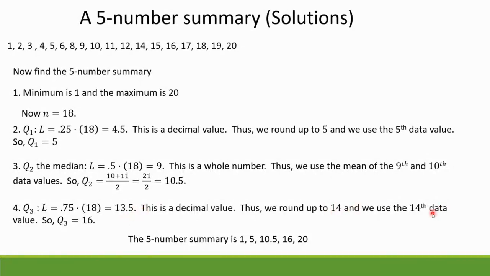We're taking the 14th data value. So if we get the 14th data value, 1, 2, 3, 4, 5, 6, 7, 8, 9, 10, 11, 12, 13, 14, the 14th data value is 16. That's our 3rd quartile. So this is our 5-number summary.